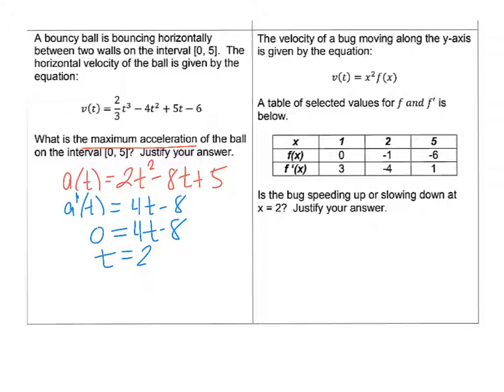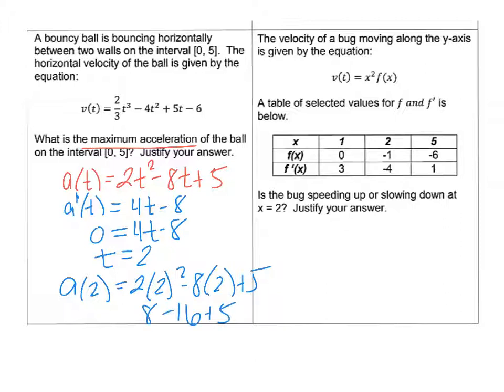That means that's my critical point. So to find the maximum acceleration, I'm going to plug in a of 2 and see what my acceleration is at that critical point. So 4 times 2 is 8 minus 16 plus 5. That's going to be negative 11 plus 8, so negative 3.